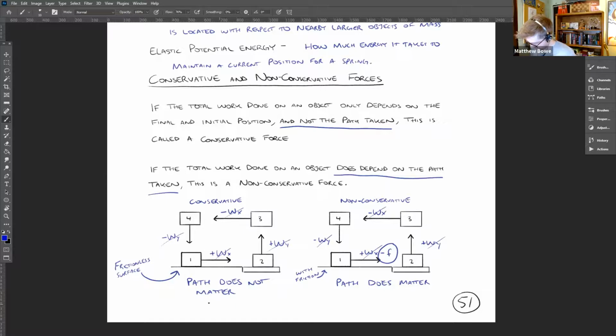For this one over here, it returns with the same energy. For this one right here, I'll say it returns having lost some energy.